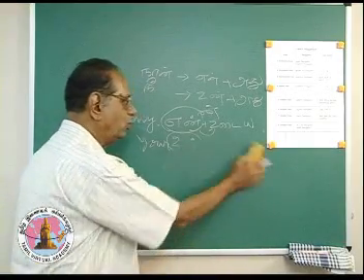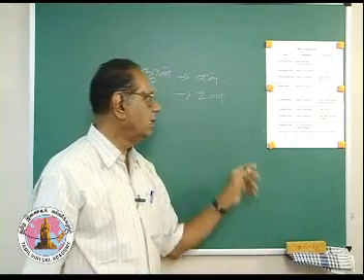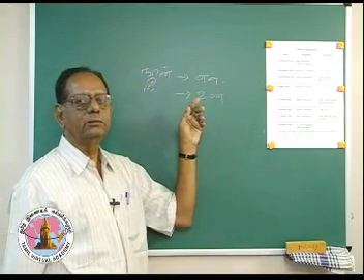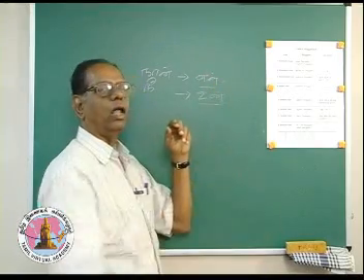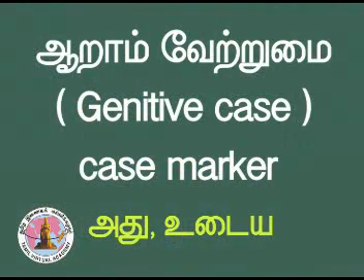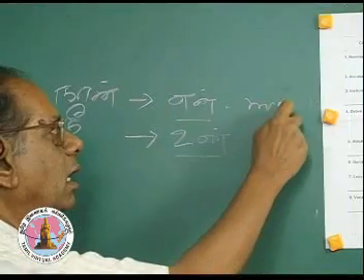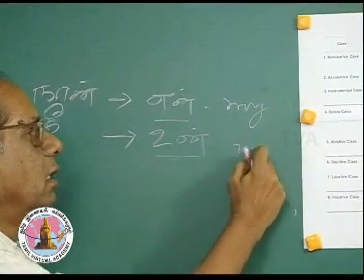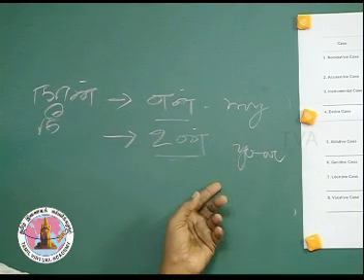We saw all these things and finally we learned that en and un alone, without this case marker, adu or udaya, can mean my and your.